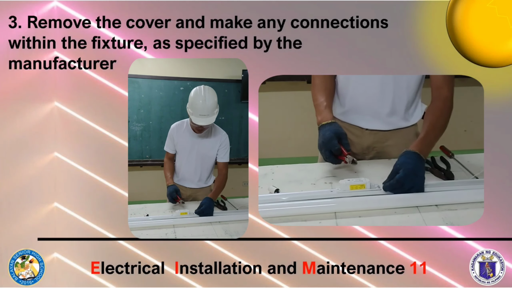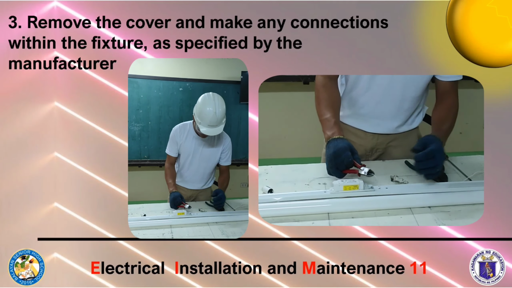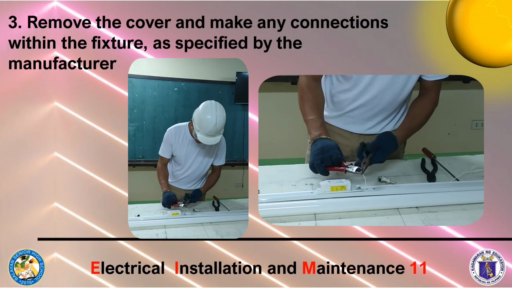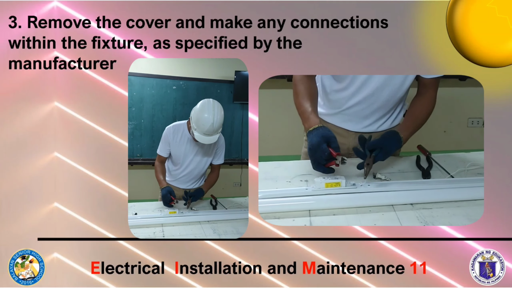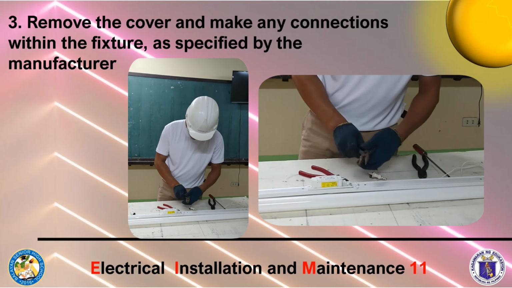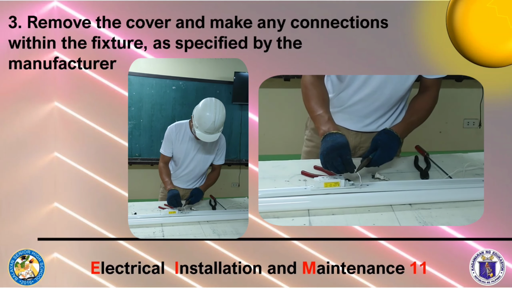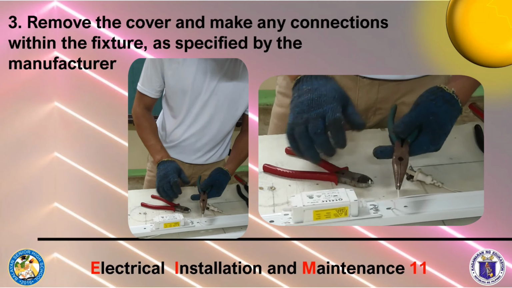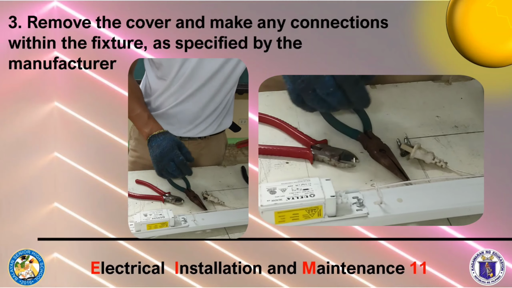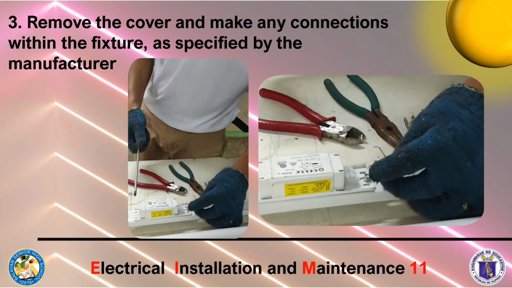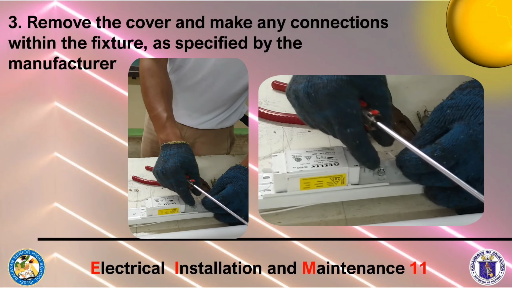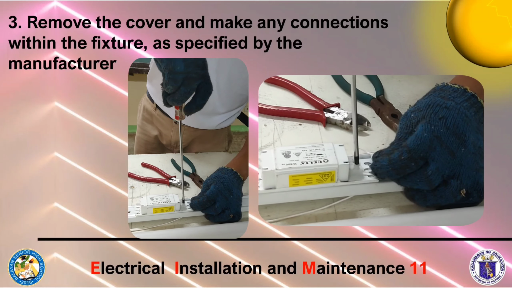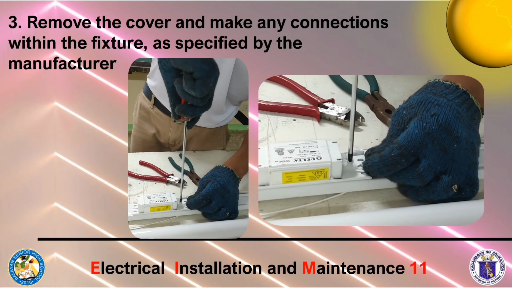After installing the ballast, cut the specified wire. Using the Phillips screwdriver, just insert the one wire for this terminal.